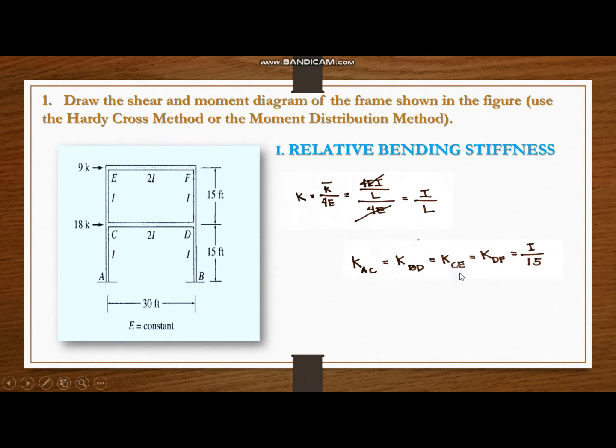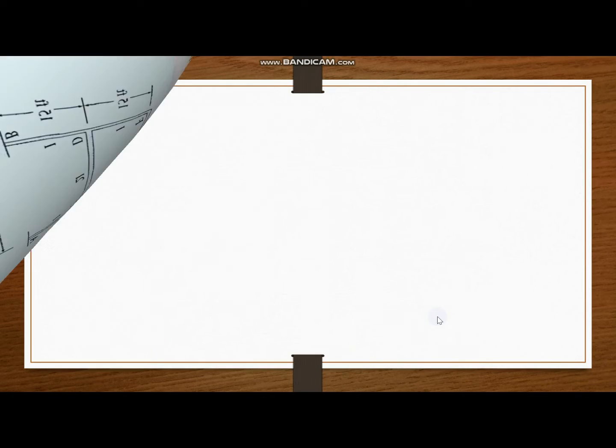Next, stiffness CD equals stiffness EF, equals 2I over the length of 30. We put it in lowest terms, so we get I over 15.